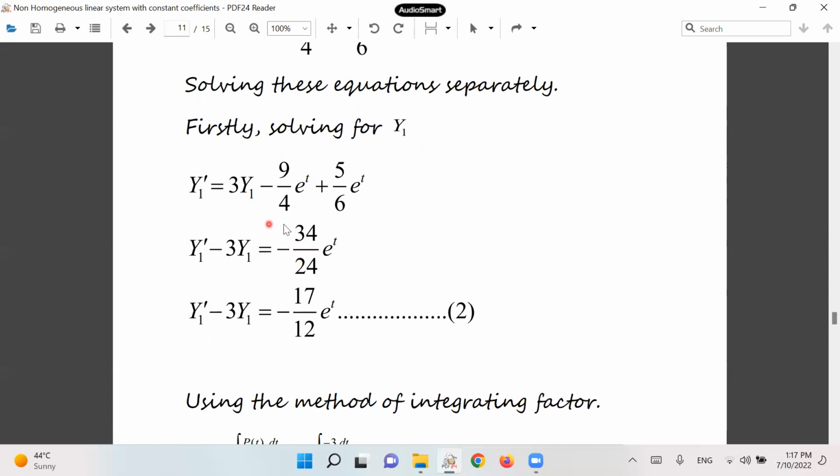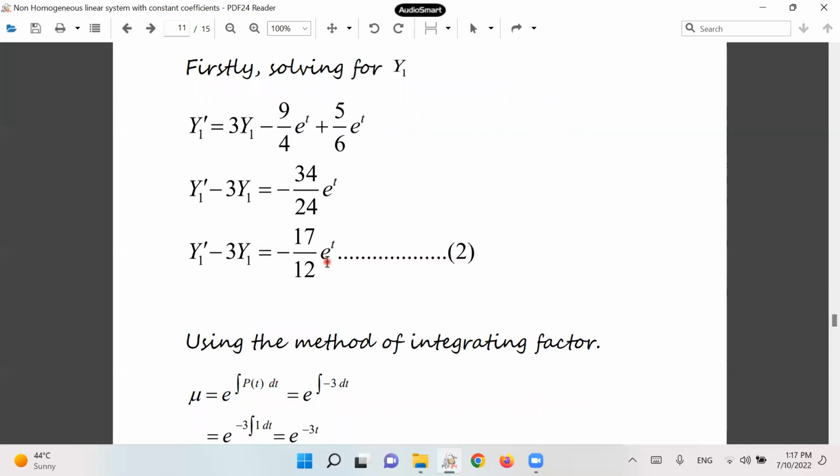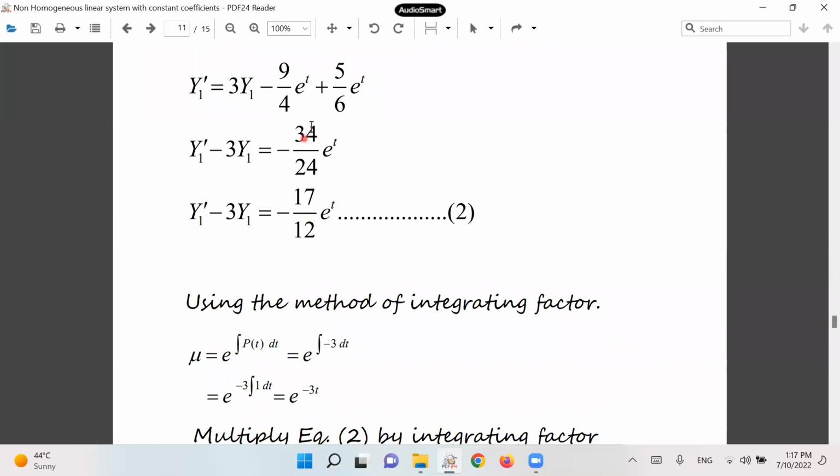We just simplify them, take the LCM, add them or subtract them, whatever the given form is. So here we are just subtracting them and we get the answer as minus 34 over 24 into e power t. After that, just simplify, just cancel them. So the first equation we get y1 dash minus 3y1 equals to minus 17 over 12 into e power t.